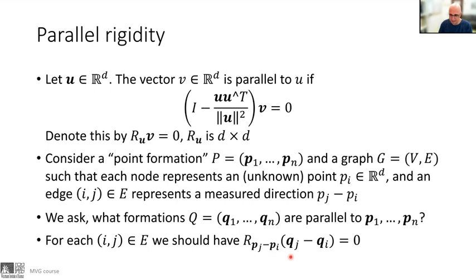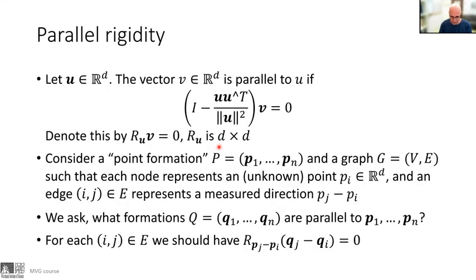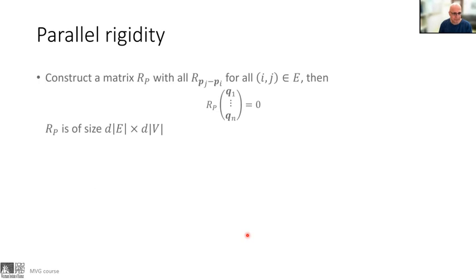Next, we take these equations and write them in a matrix, one matrix for all the edges, combining them into an equation system. We call this matrix R_P. It contains all the R_(Pj minus Pi), and if we multiply it by this vector, which contains all the points Q1 to Qn, we get 0.